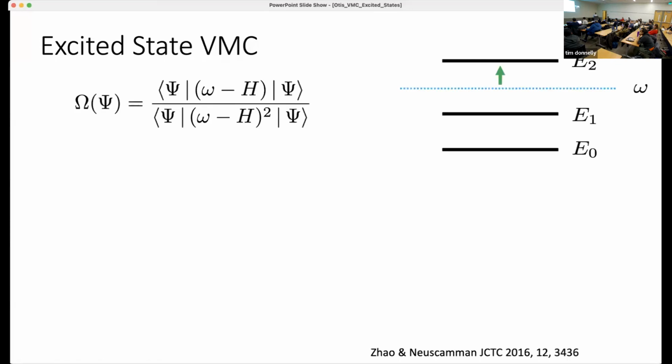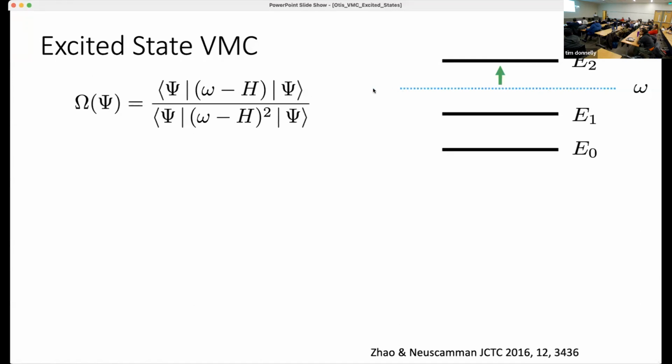There's been a lot of development on different approaches within a VMC framework, but everything I'll be sharing is based around this particular objective function, capital Omega, that the Neuscamman group at Berkeley developed. Instead of the traditional ground state energy minimization, you're minimizing this objective function to target the state that's directly above this input parameter, little omega, in energy.